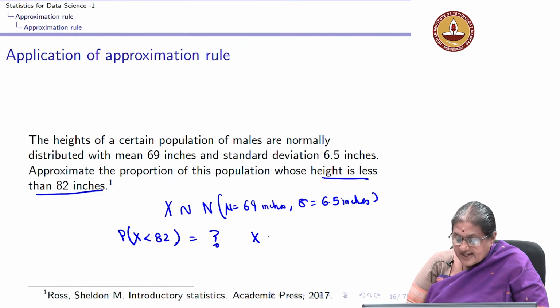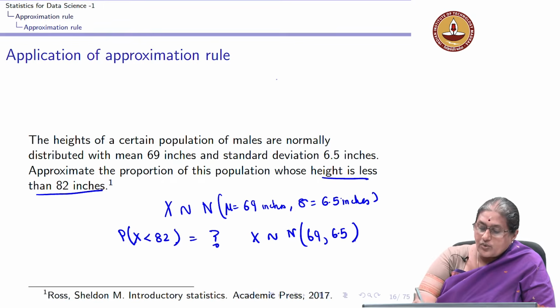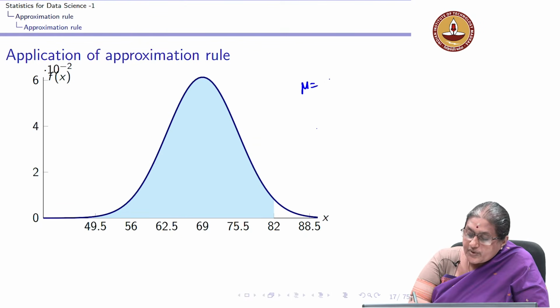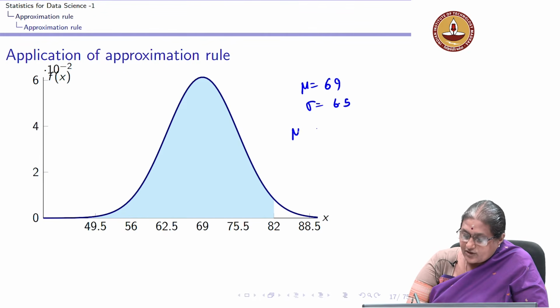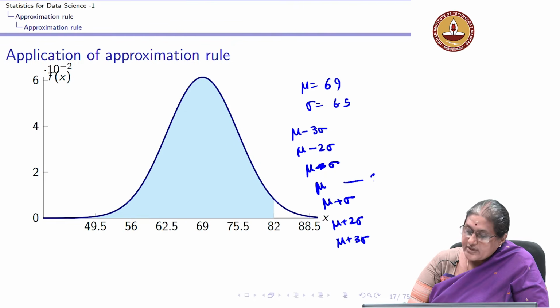What I know is X is a normal with mean 69 and standard deviation 6.5. So, according to our approximation rule, mu is 69, sigma is 6.5. Let us write down mu minus 3 sigma, mu minus 2 sigma, mu minus sigma, mu, mu plus sigma, mu plus 2 sigma and mu plus 3 sigma. Mu is 69.